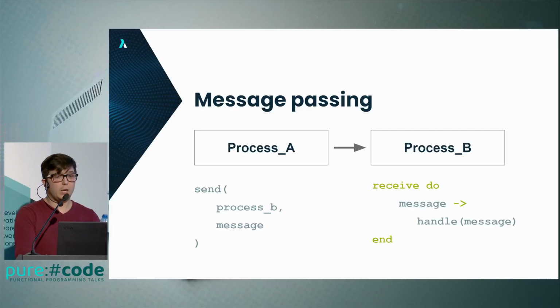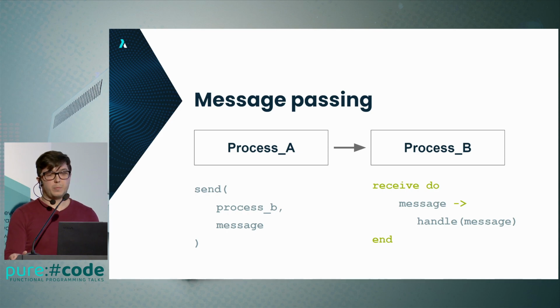On the other end, the receiver process can use the receive block to catch or read one message. The receive block is similar to the case block, which we saw earlier. You can specify multiple patterns for incoming messages to distinguish them from one another and handle them accordingly.